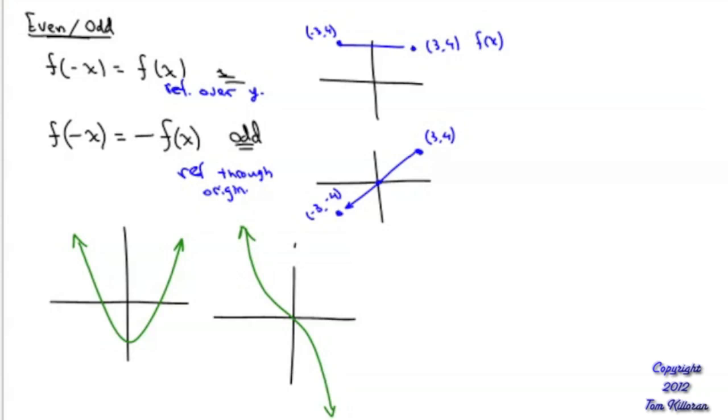This graph is even because whatever happens on the left also happens on the right. And this one is odd because whatever happens in the top left happens in the bottom right because it's going right through the origin. So this graph would be even, and this one is odd. But it's not super important unless you get into polar coordinates and graphing pretty polar pictures.